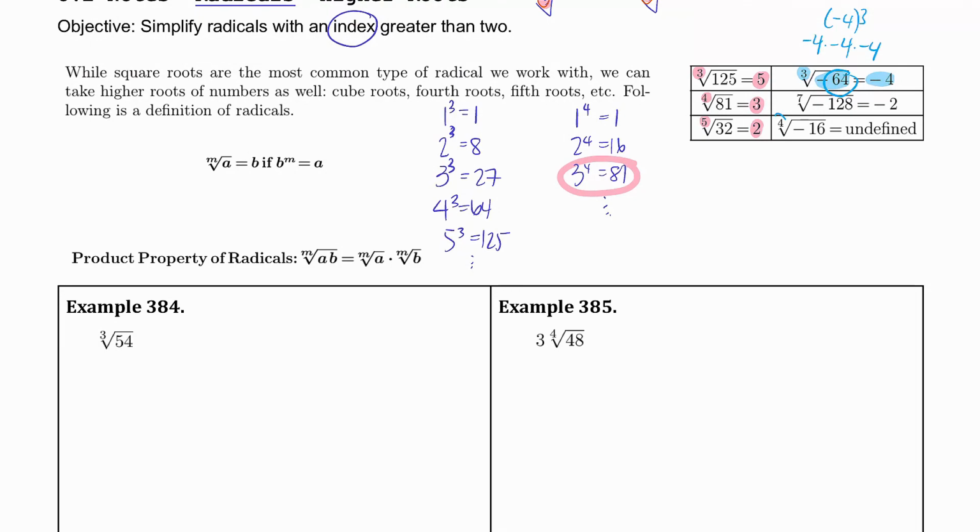But notice I cannot take the fourth root of a negative number or I get an undefined or non-real answer. And that's because this index is an even number. So that's our rule here. If we have an even index, if we take the root of a negative number, it's going to be undefined. It's going to be non-real.